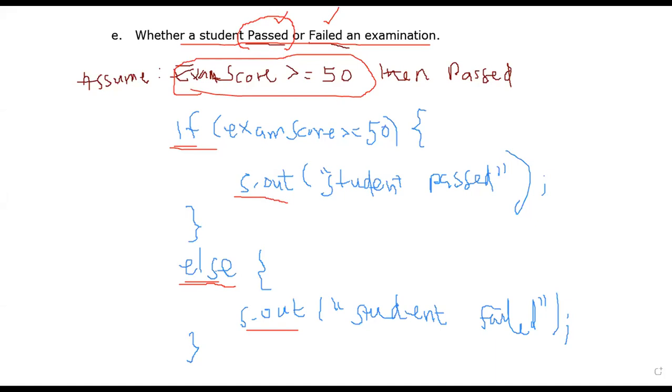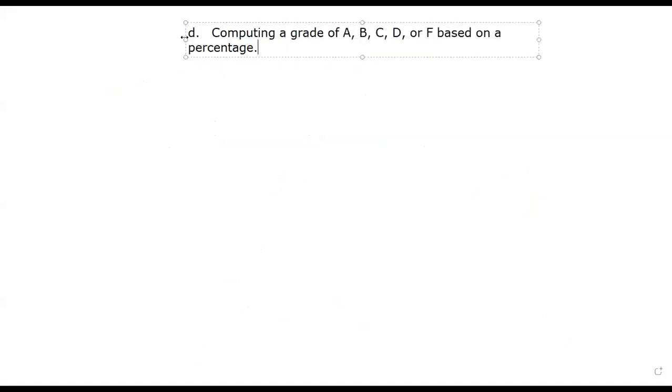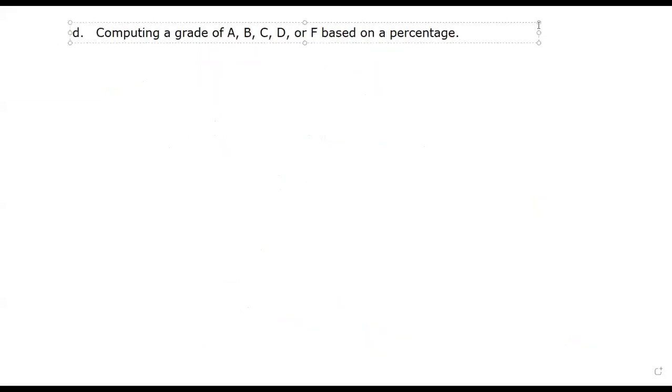Now let's look at the next example. I'm starting from the bottom, using the bottom up approach. The next question is saying that we should compute a grade of A, B, C, D, or F based on a percentage.